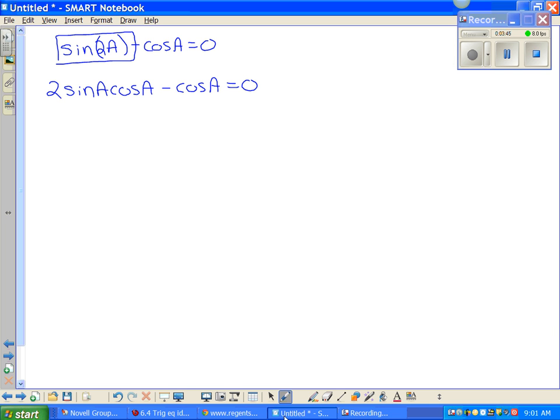Think algebraically. What's my GCF? Good, cosine of a is my GCF, so I'm going to factor that out. What goes in my parentheses? Good, 2 sine a minus 1. Excellent. Now what? What's that called? Zero product rule, good.